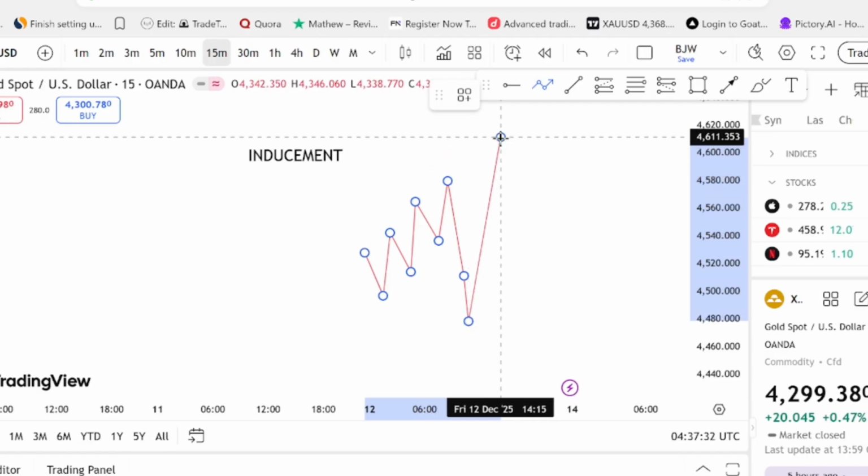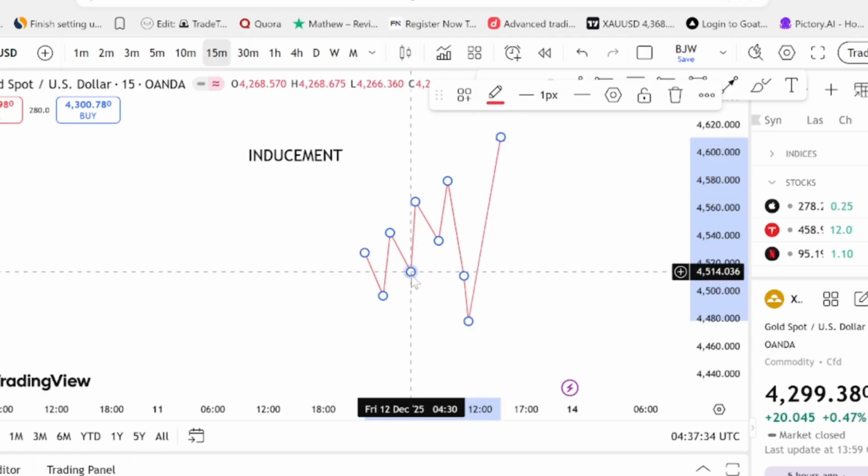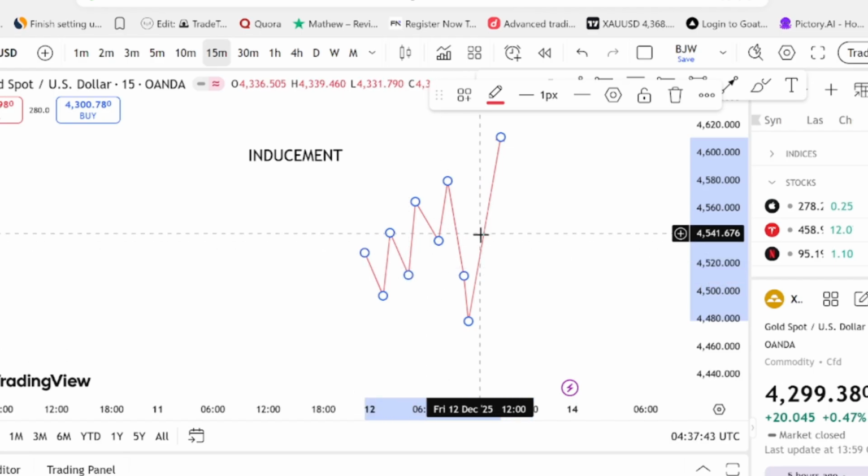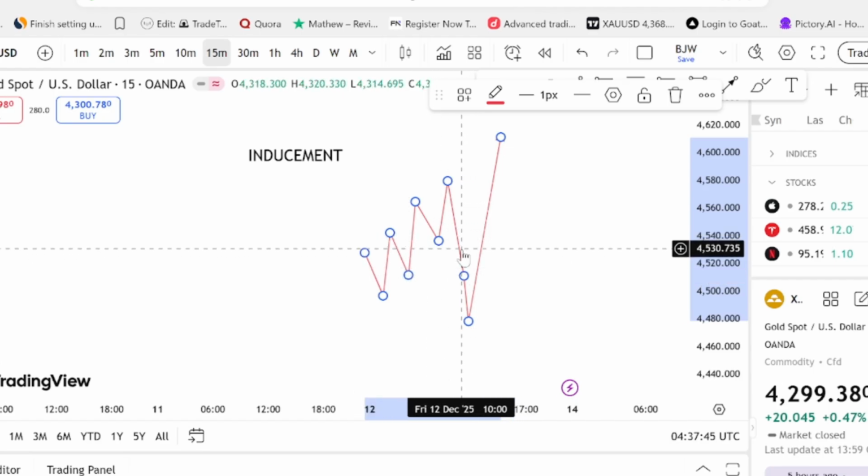So you want to go ahead and wait for the sweep to occur before you buy. Now let's say you have a setup like this. All you want to do is not take the trade, wait for a confirmation. That is how you tend to avoid the expansion and then make money off the market.